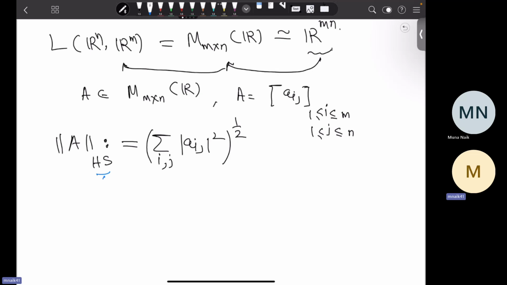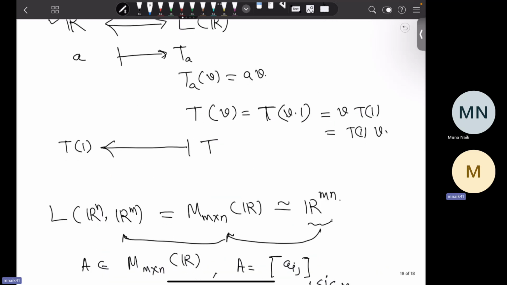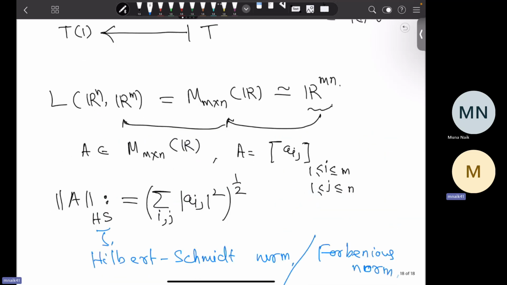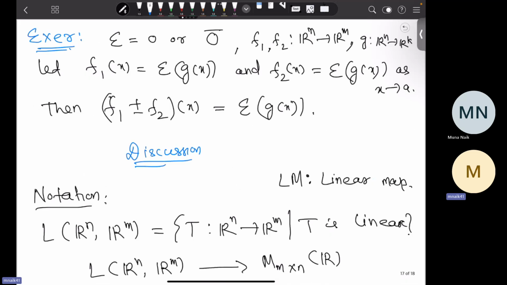So L(Rn, Rm) has a natural norm on it, the Hilbert-Schmidt norm or Frobenius norm.